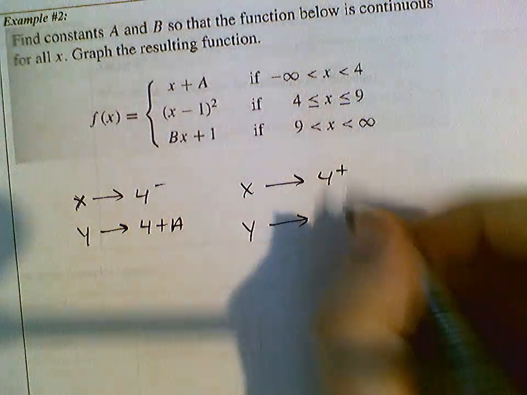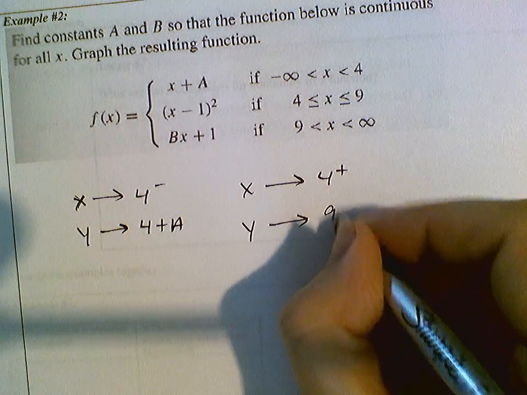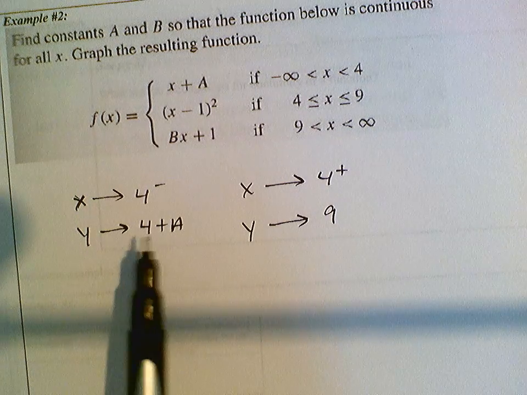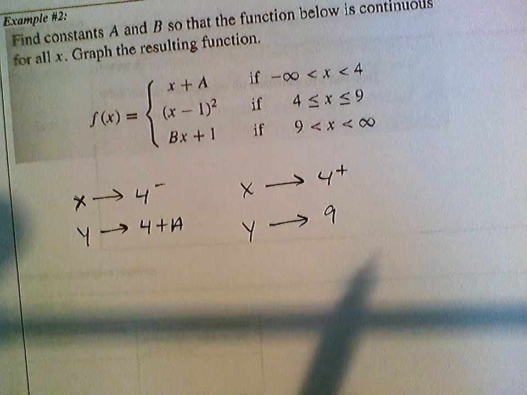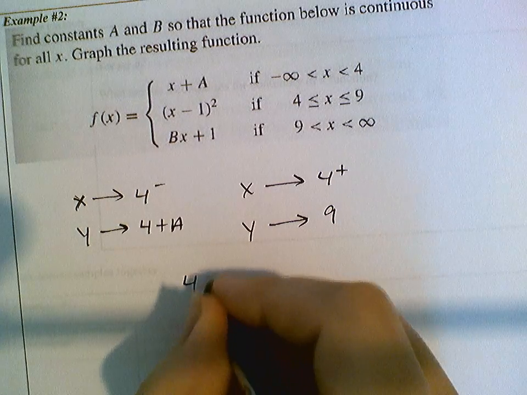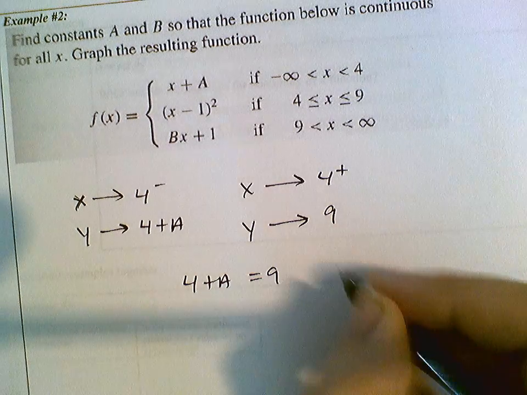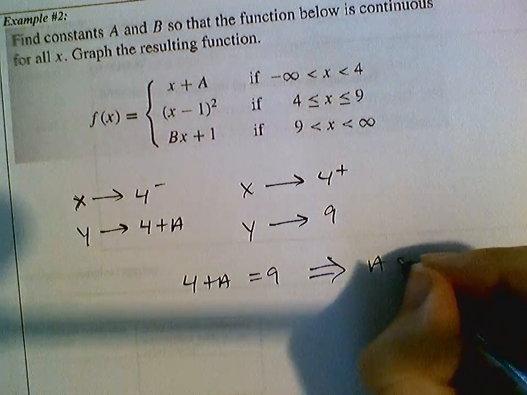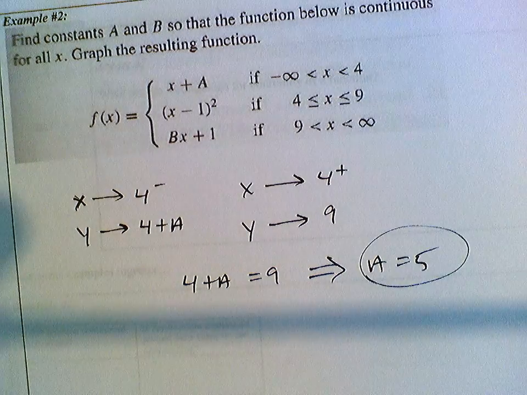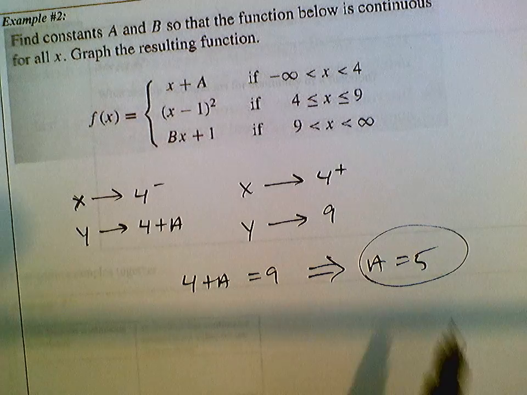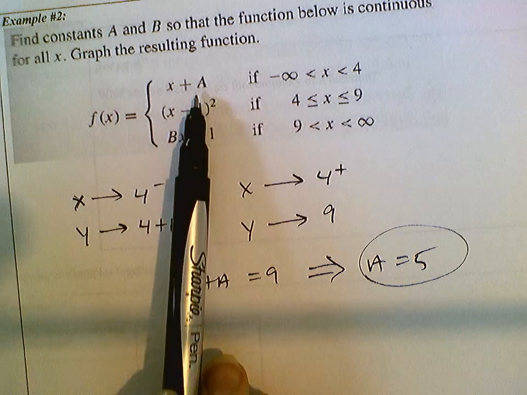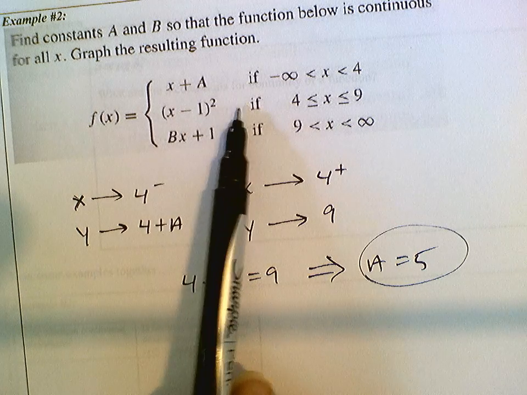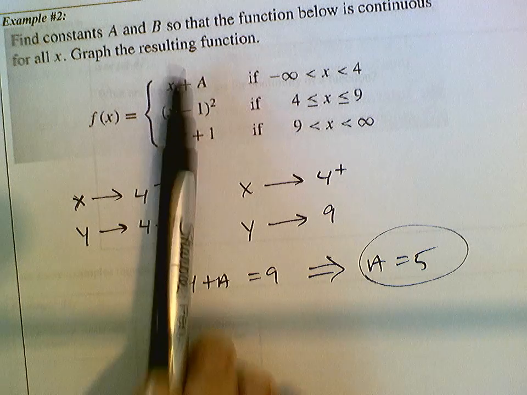Very close to 3 squared is 9. Okay, so I need the limit to exist, so I need the left-hand limit and the right-hand limit to be equal. So I go 4 plus a equals 9, then a equals 5. So a being 5 would make it continuous from here to here.